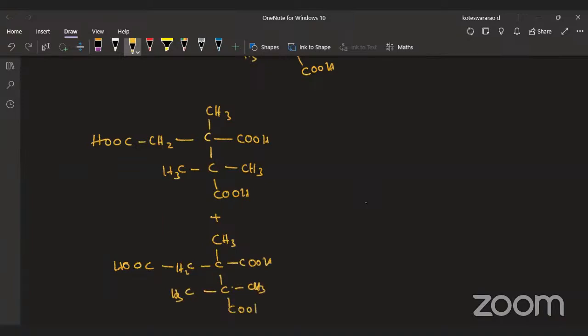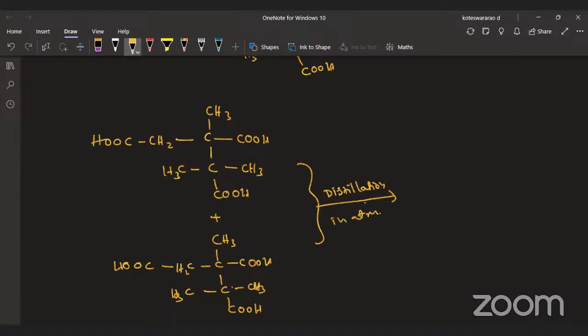This is the other molecule of camphoronic acid. Now, simple distillation at atmospheric pressure. Okay. Now, what's happening?